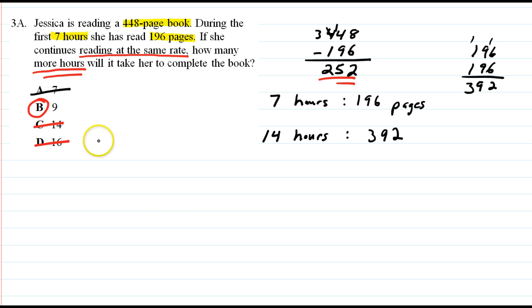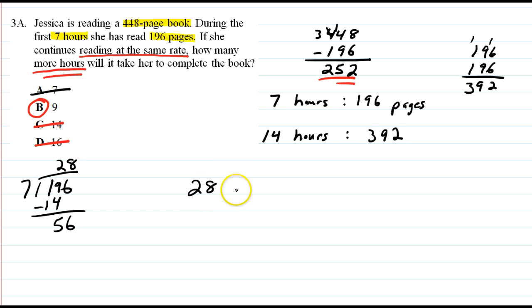So if you want to use the equation, you need to figure out how many pages she reads in 1 hour. And so you would take the 196 and divide it by 7. And so that means she reads 28 pages per hour.